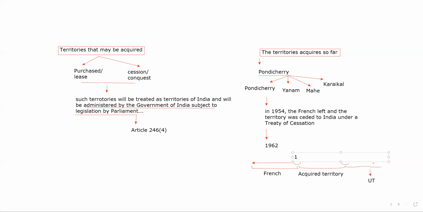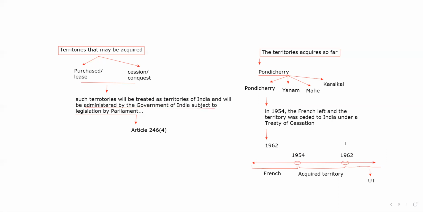One is 1954, and another year is 1962. These are the 2 years which are required to be noted. They are important, you must keep these in mind.